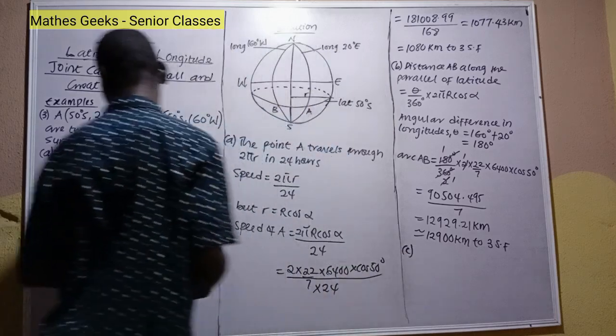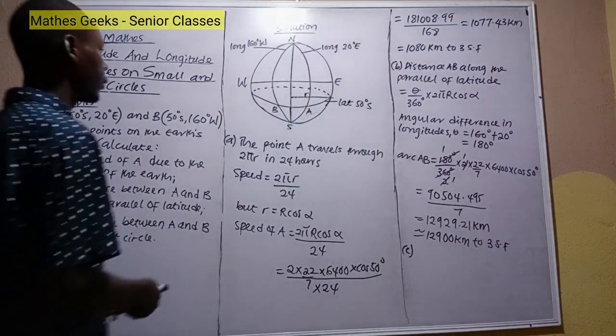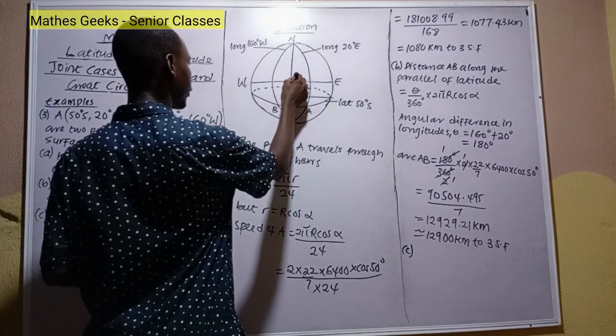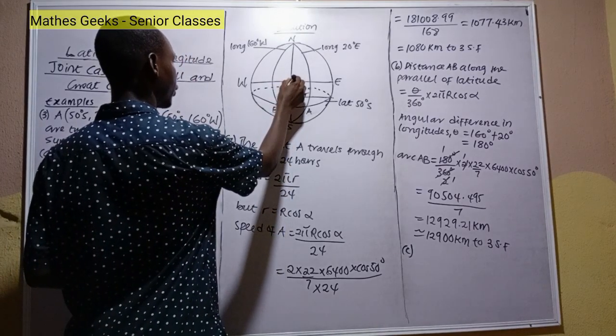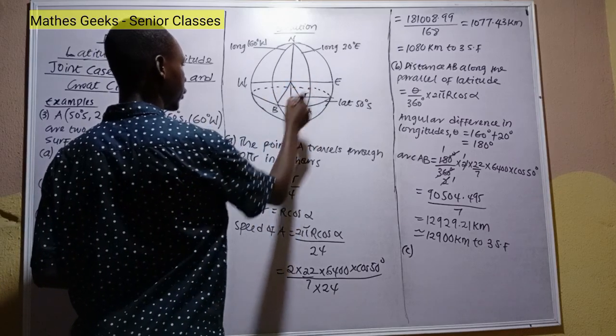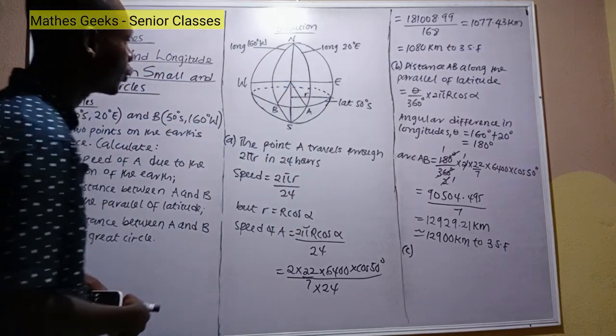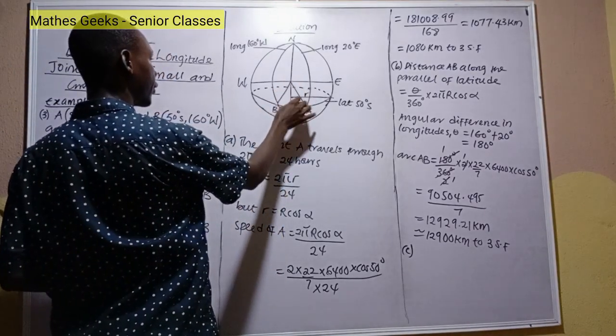So C says the distance between A and B along a great circle. Along a great circle means it is measured along the equator, so this will give us a great circle from the equator.